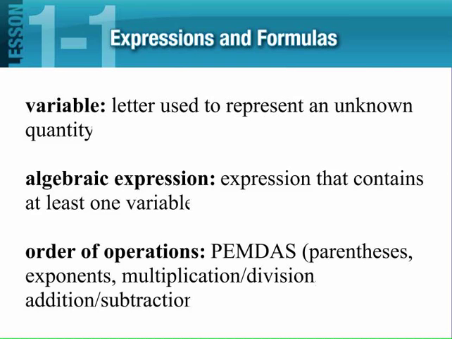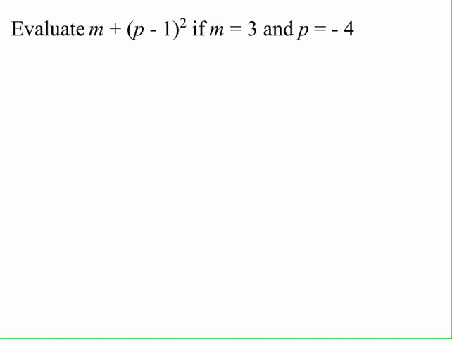Evaluate m plus p minus 1 quantity squared if m equals 3 and p equals -4. All I'm going to do in this problem is sub in 3 for m and -4 for p.